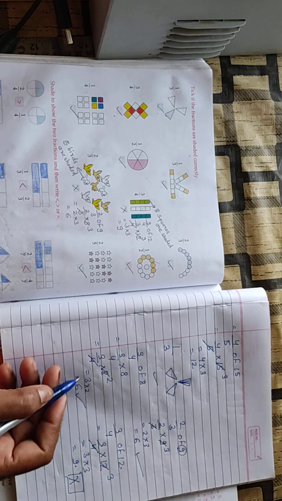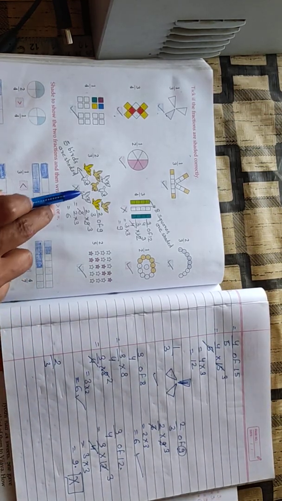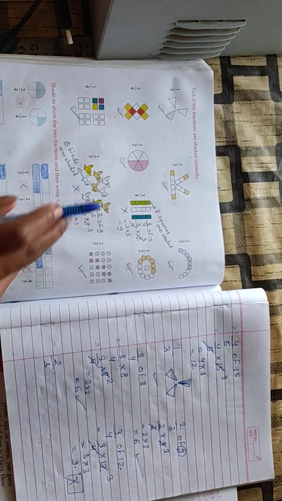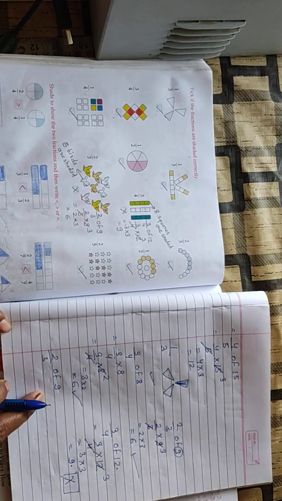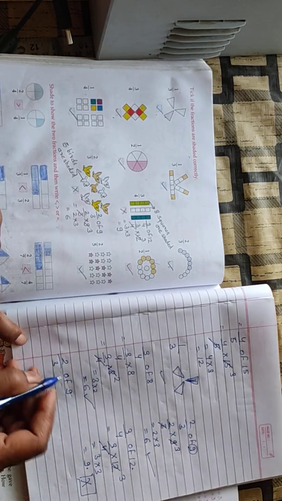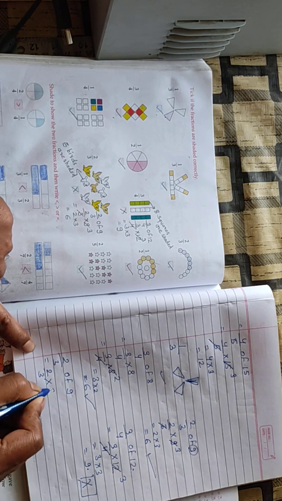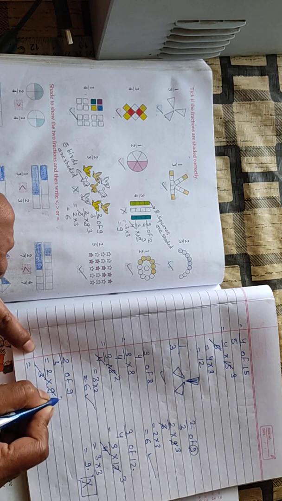Now let us see 2 by 3. Let us see how many birds there are in total: 1, 2, 3, 4, 5, 6, 7, 8, 9. Total 9 birds are there. Now let us see how many birds are to be shaded. So 2 by 3 of, multiply 9. Now 9 in 3's table, 3 3s are 9.